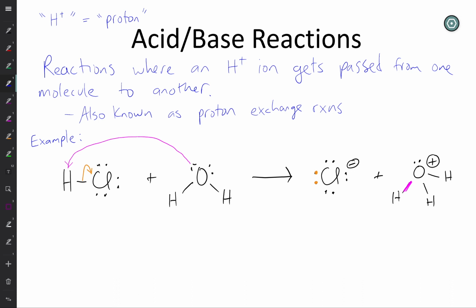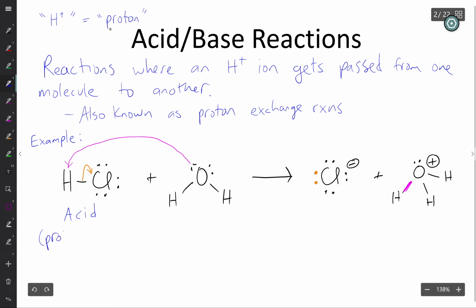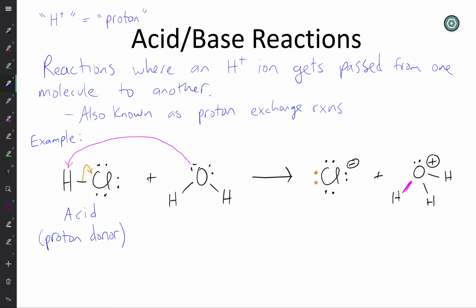So in this case, HCl would be called the acid because it's the proton donor. We would say it's donating its proton to water. And then water, the proton acceptor, is called the base.